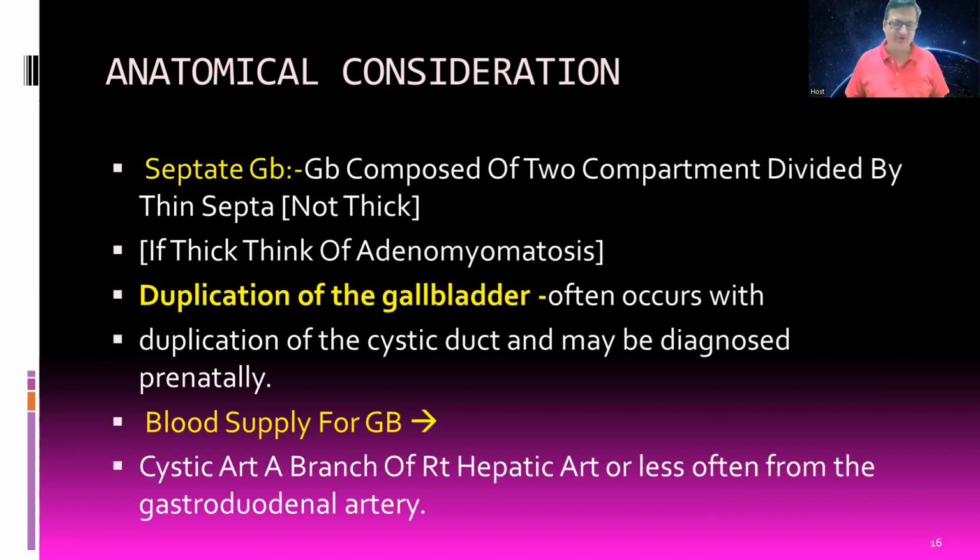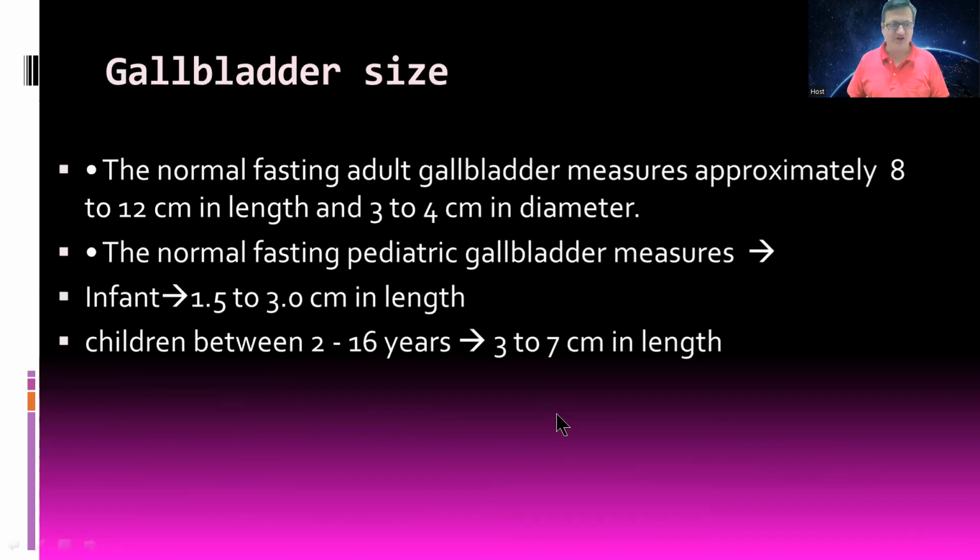The gallbladder supply is from the cystic artery, which is a branch of the right hepatic artery, and less often from the gastroduodenal artery. So usually the right hepatic artery gives rise to the cystic artery. Sometimes the cystic artery may arise from the gastroduodenal artery.